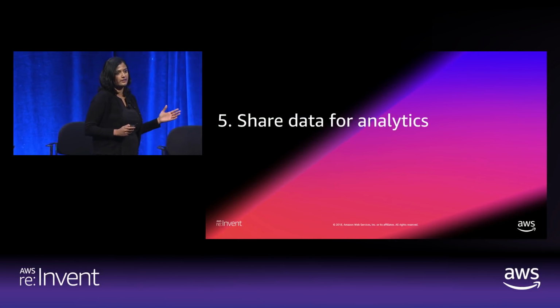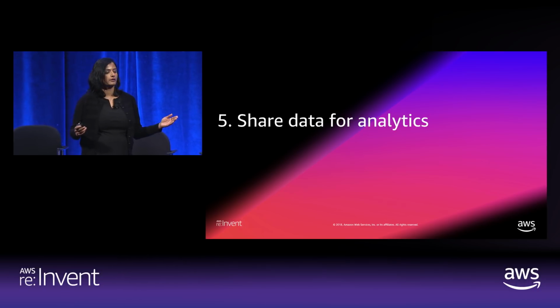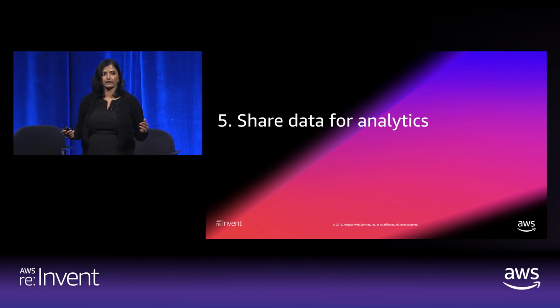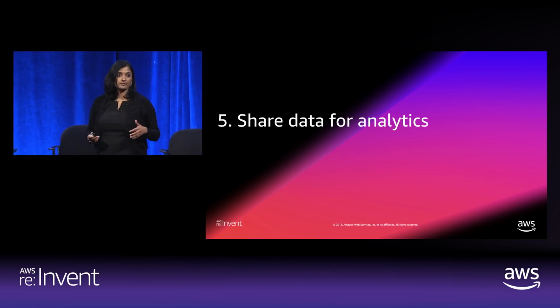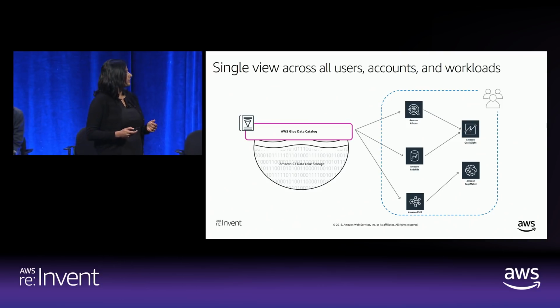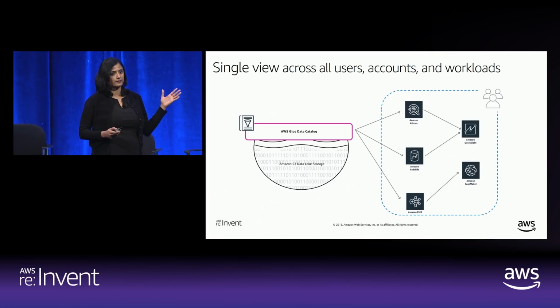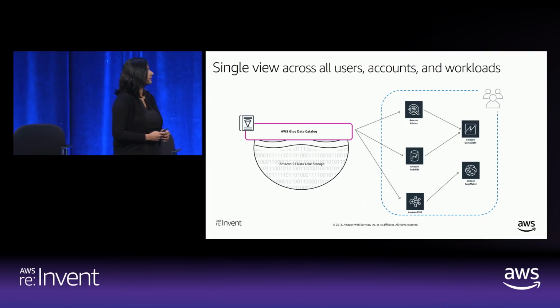So the final step is making sure that your data is easily accessible to a wide range of applications in your organization, as well as to different teams and users. So with the Glue Data Catalog and the integration that it has with different services, your data is easily accessible through multiple different services. Glue Data Catalog integrates with Amazon Athena out of the box.